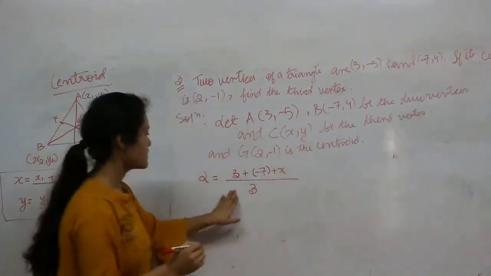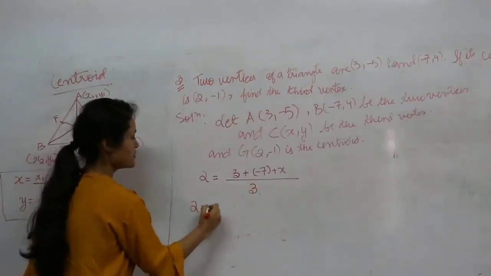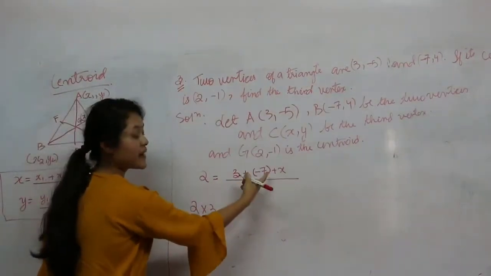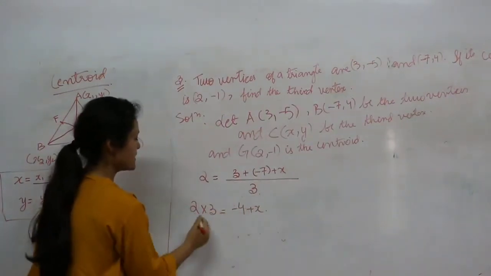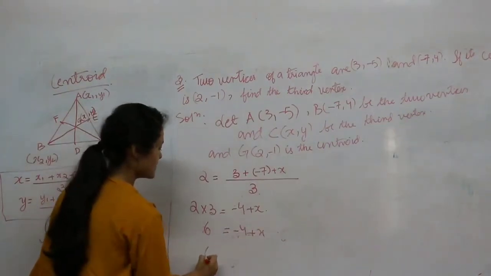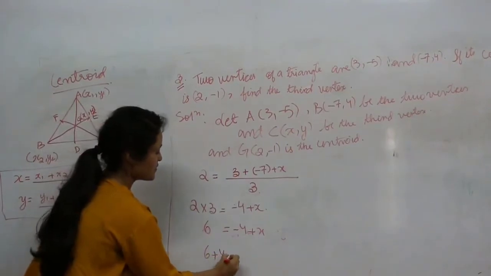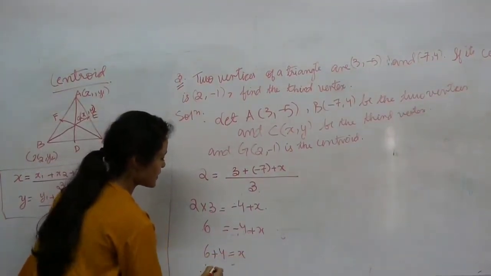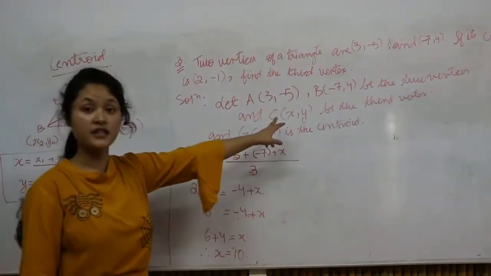Okay. So you carry this 3 this side, multiply 2, 3, 6. 3 minus 7, you will get minus 4 plus x. So minus 4, if you carry this side, you will get plus 4, which is x. So therefore, your x is 10. So you've got the x coordinate of the third vertex.